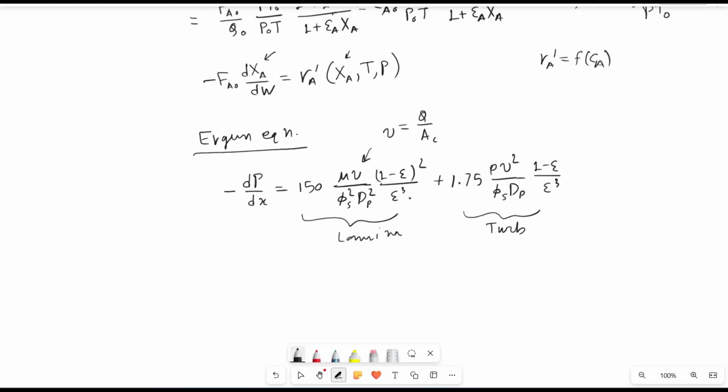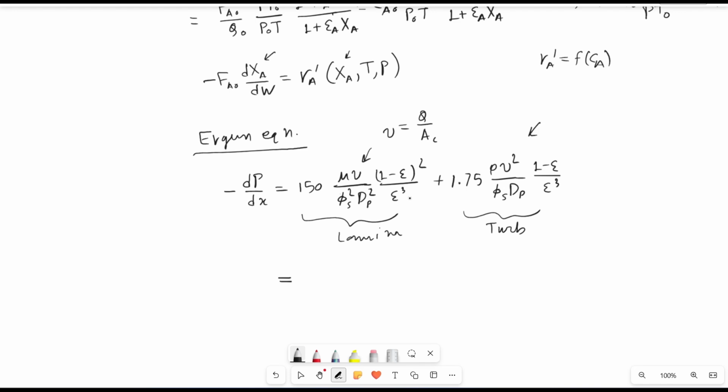Now we will simplify this expression. The 150, the sphericity, the particle diameter, the porosity epsilon, all are constant. So we can write this expression in terms of a single constant, and also this velocity is the superficial velocity.